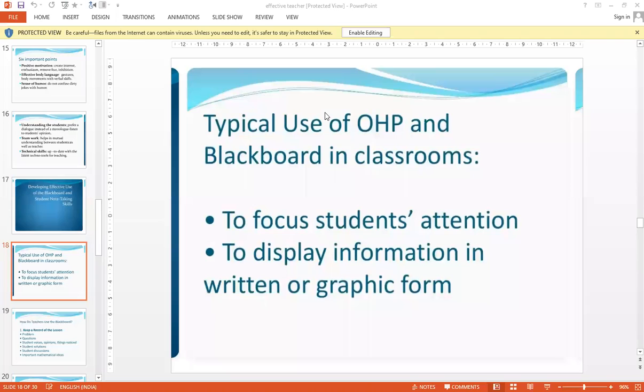Defining each point and writing it on the board helps students learn better, and it also opens an opportunity for the students to voice their inquiries, to voice out their problems and the questions in their minds.